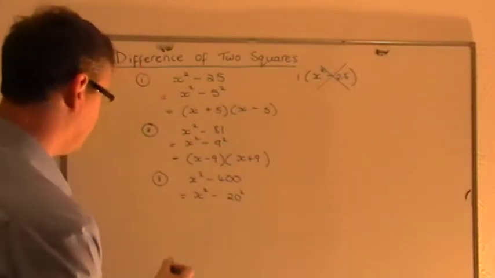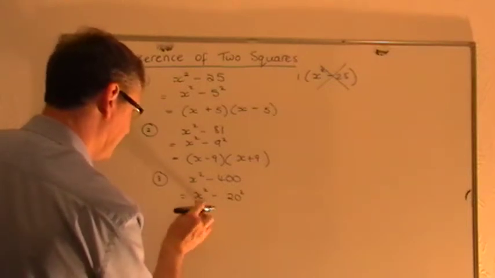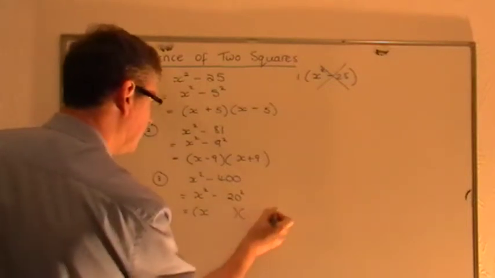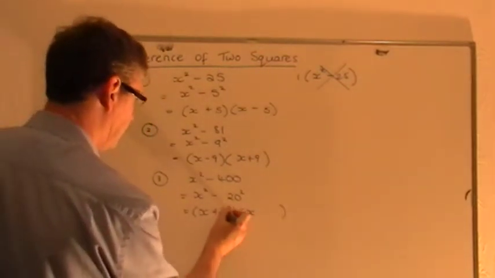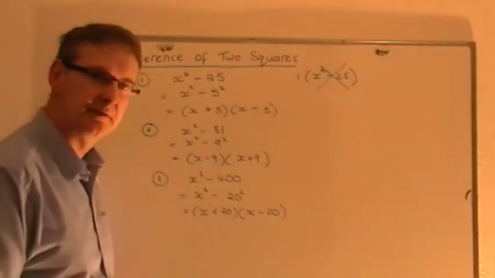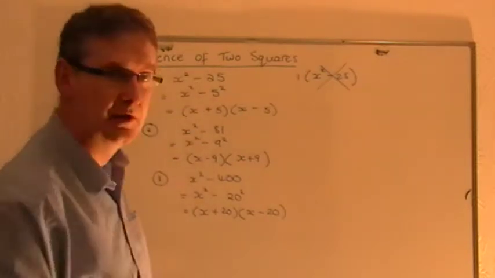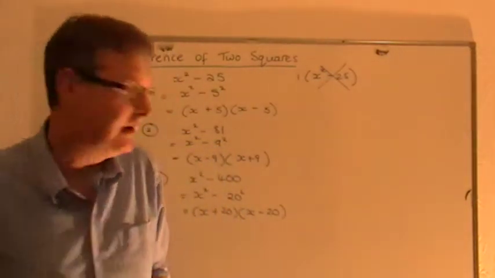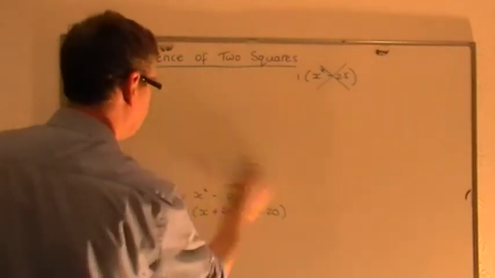So it's x squared minus 20 squared, which will be, let me write it in double brackets, x and x because of the x squared, plus 20 and minus 20. And that's how you factorise that one. So all very straightforward. I'm just going to go through 4 or 5 more examples on this video so you get the idea. So that's 3 very simple ones.